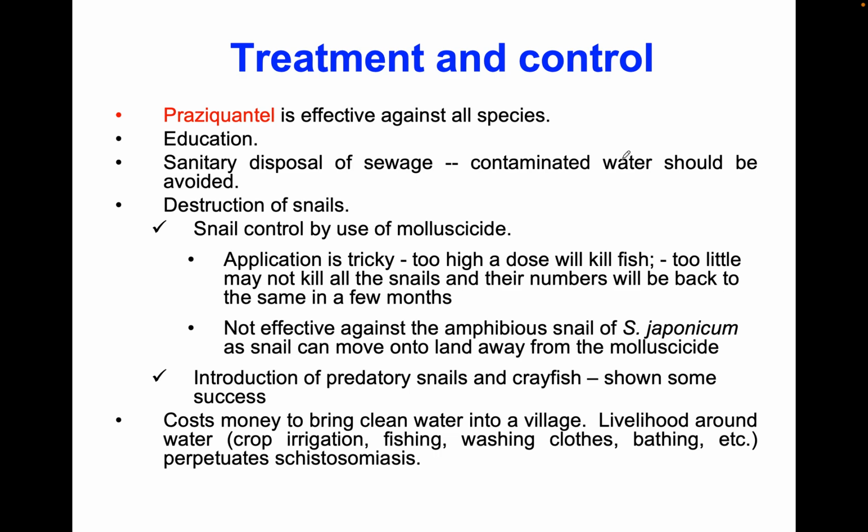The three Schistosome species have specific intermediate hosts, so you want to reduce the specific snail species.